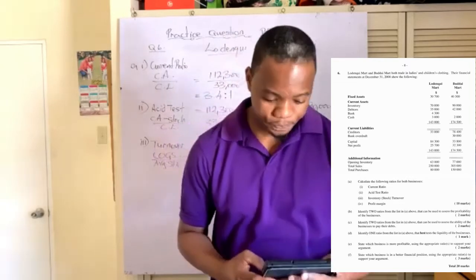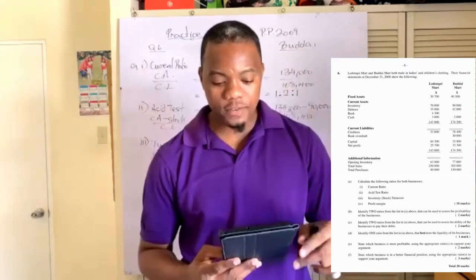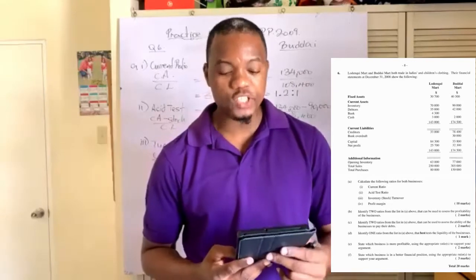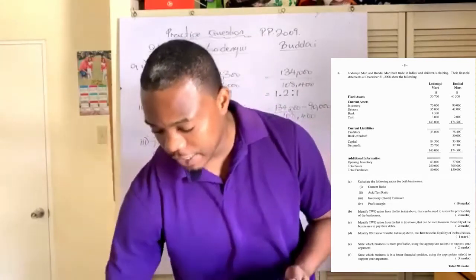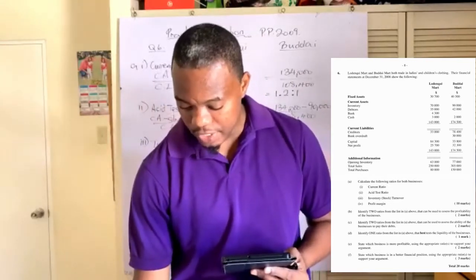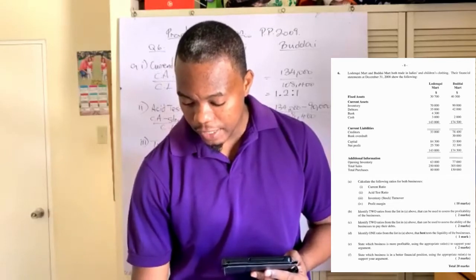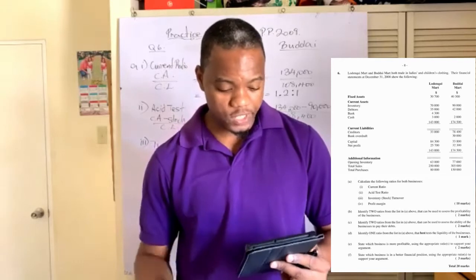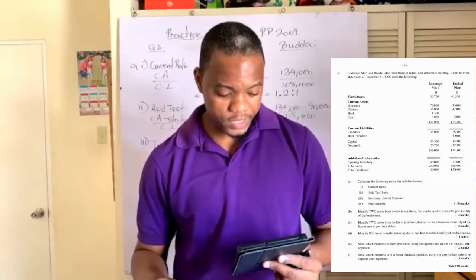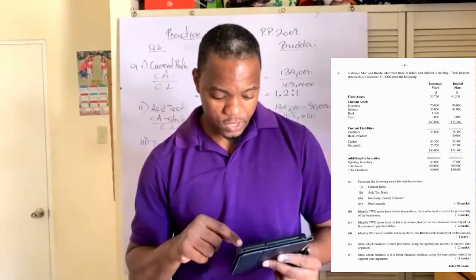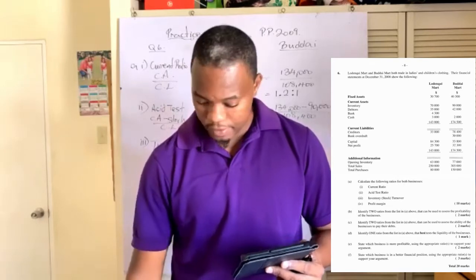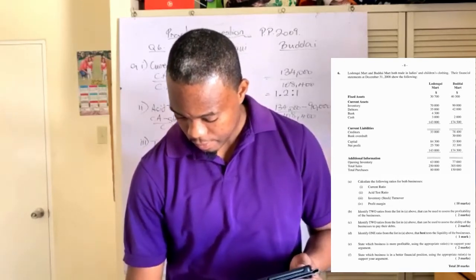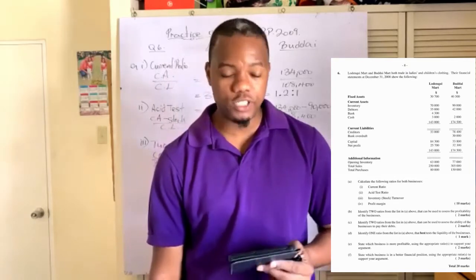So let us go. We are given the opening inventory for Lodenki, which is 63,000, right? So you get a calculator and you type in 63,000. What we're calculating now is the cost of goods available. So 63,000 plus the purchases. They give us the purchases figure now, 80,000, equals 143,000.